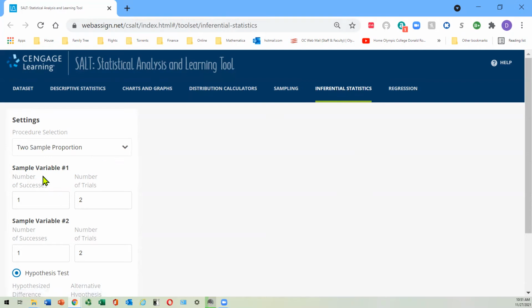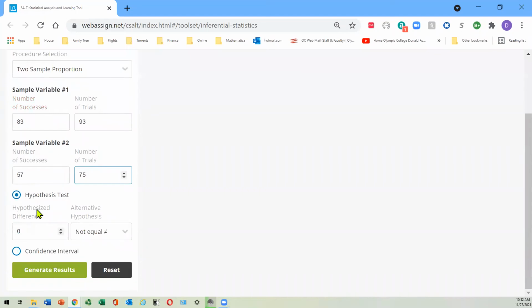Now the first sample is women, and it was 83 out of 93. And for men, it was 57 out of 75. And our hypothesis test is that women are greater than men.